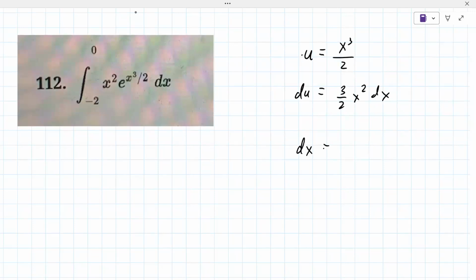When you solve for dx, you multiply by the reciprocal, so everything flips position. Anything in the top goes to the bottom, anything at the bottom goes to the top. So it's 2 du over 3x squared.